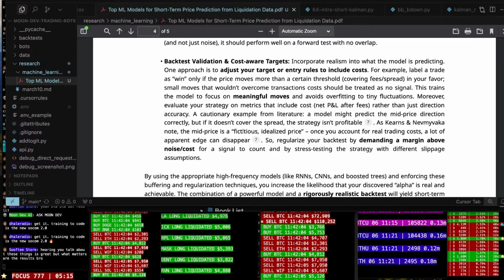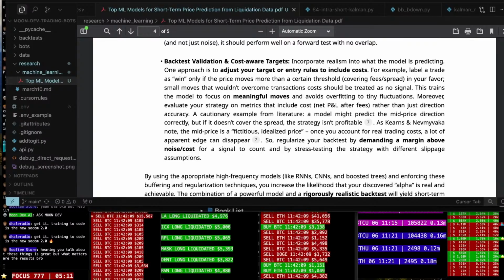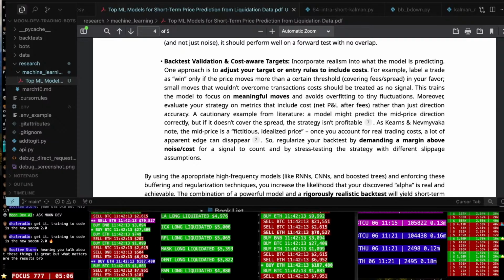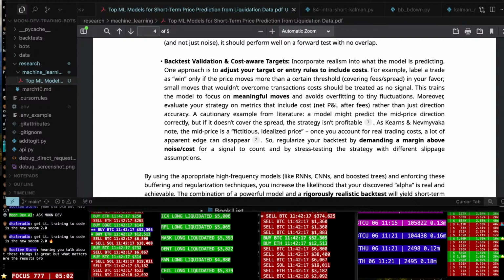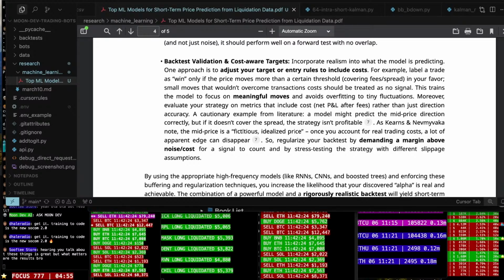Moreover, evaluate your strategy on metrics that include costs, of course, rather than just direction accuracy. A cautionary example from literature: a model might predict the mid-price direction correctly, but if it doesn't cover the spread, the strategy isn't profitable. Yes. Facts.